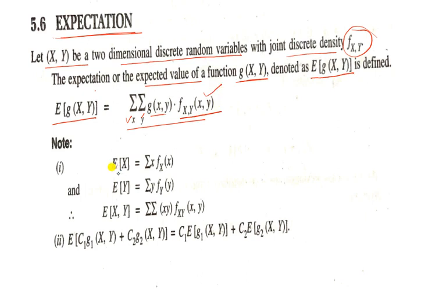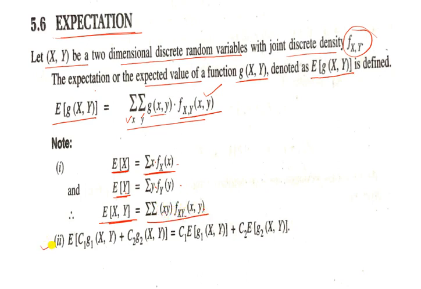So here this is the expectation for a random variable X, defined as summation x into f of x, and this is the expectation of random variable capital Y, equal to summation y into f of y. Therefore expectation of x y is equal to summation x y f of x y.